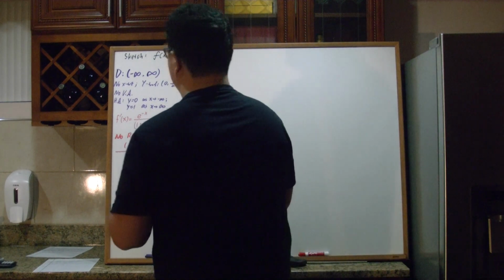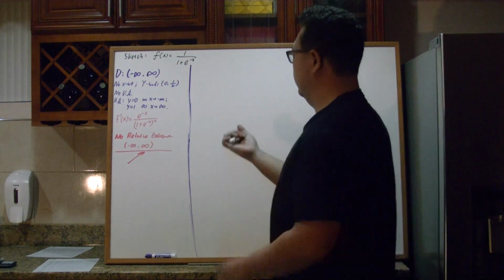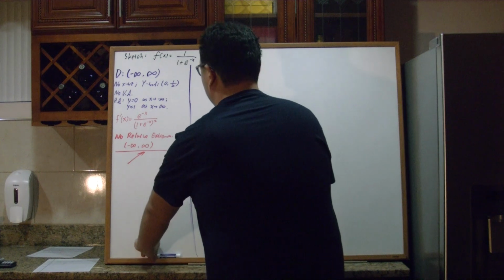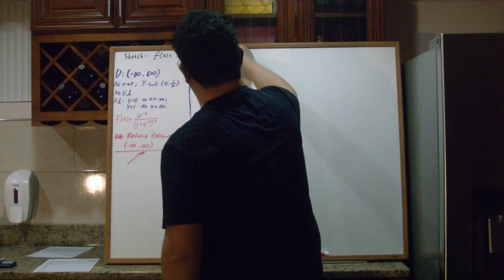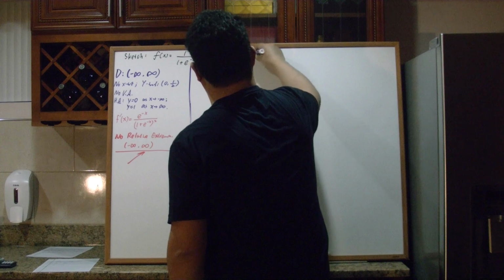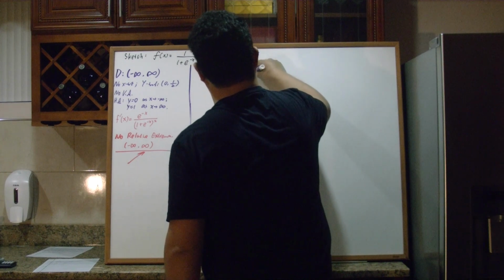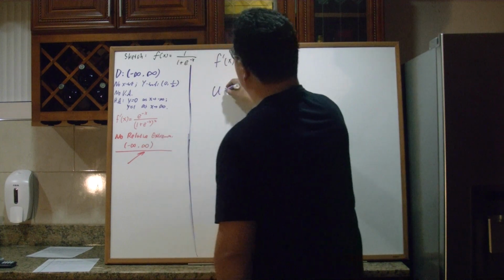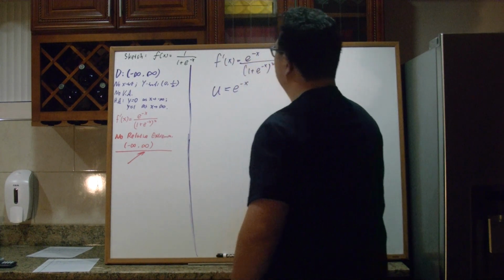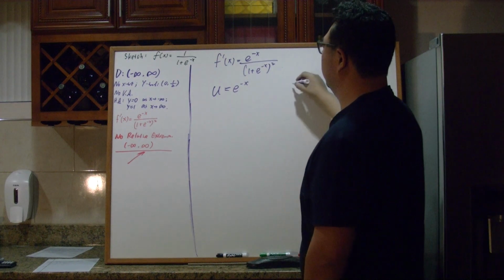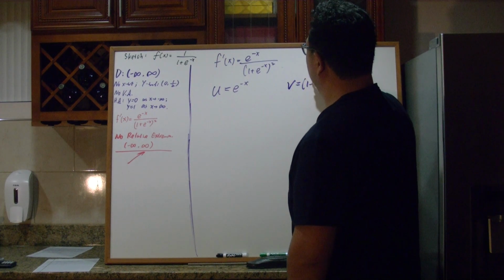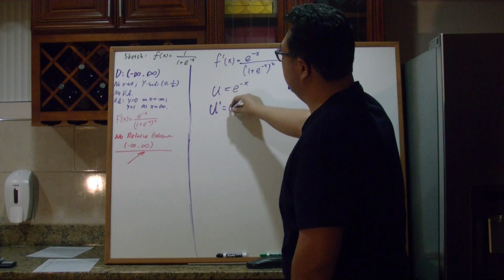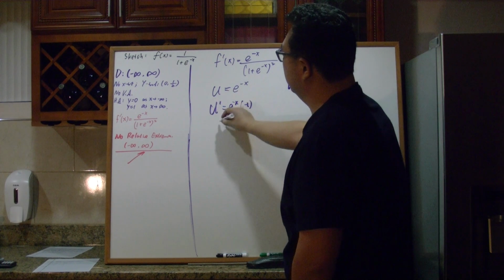And then to find the second derivative, we have f prime of x is e to the negative x over 1 plus e to the negative x squared. Then we find that the second derivative will be much trickier than finding the first derivative. We let u and v. U prime is simple, that's e to the negative x times negative 1.